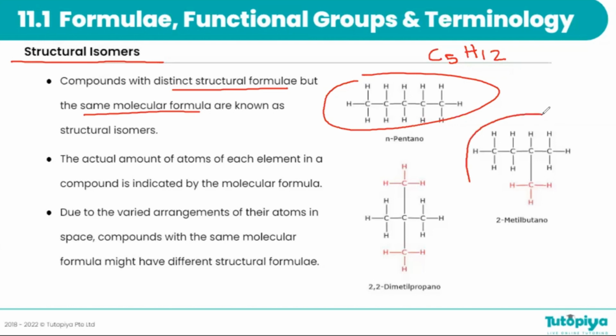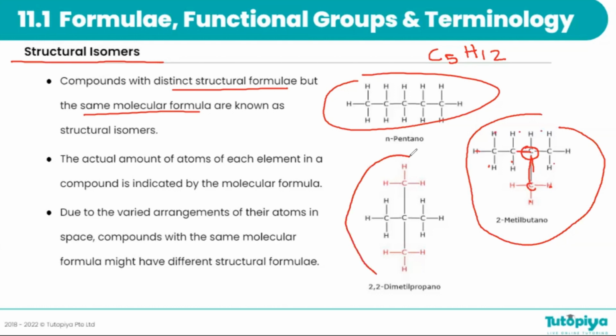And then when you come here, it's different. There's a chain of 4 carbons and 1 carbon is attached to one of the middle carbons. So if you look at this one, this carbon is attached to 3 carbons and 1 hydrogen. But still, the total number of carbons is 5. The total number of hydrogens, if you count, is going to be 12.